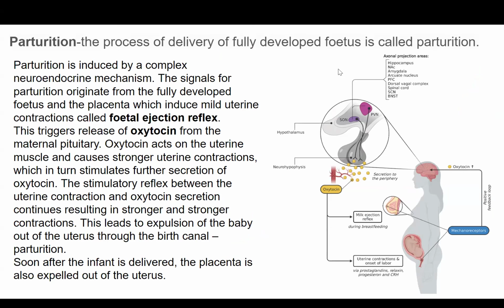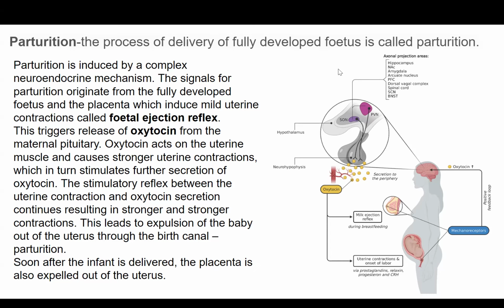The signals for parturition originate from a fully developed fetus and the placenta, which induce mild uterine contractions called the fetal ejection reflex. Fetal ejection means pushing it out. This triggers oxytocin from the maternal pituitary. So the maternal pituitary is now going to produce oxytocin.